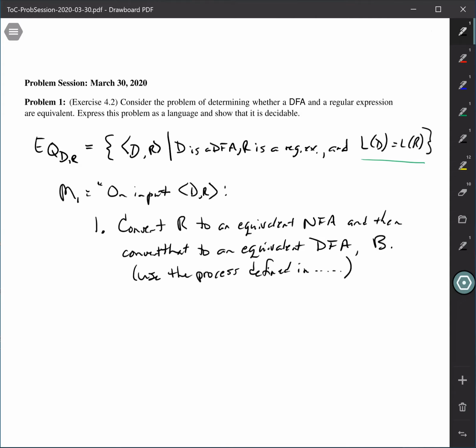So converting a regular expression into an NFA is something we've looked at a lot, and an NFA to a DFA is something we've looked at a lot. But just from a documentation standpoint, it should refer specifically to theorem 1 point something. And I would have to look back in the textbook to pull that up.